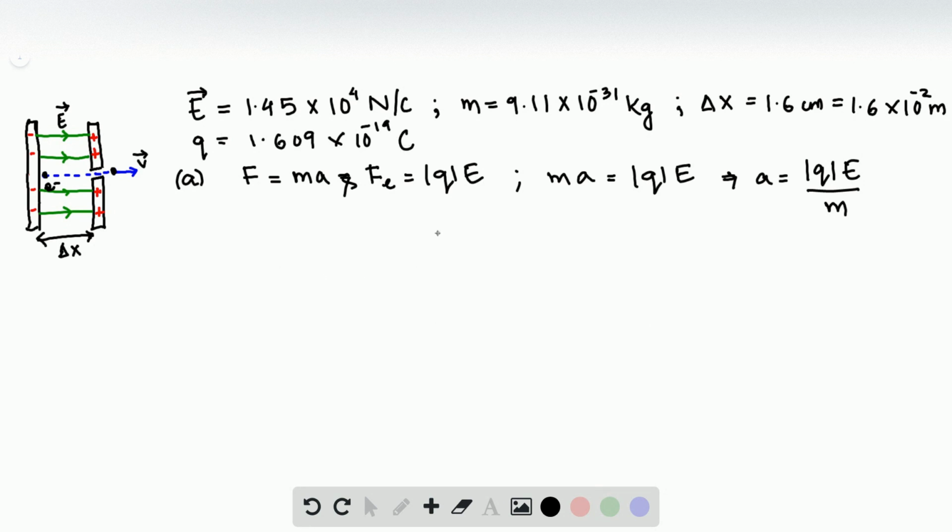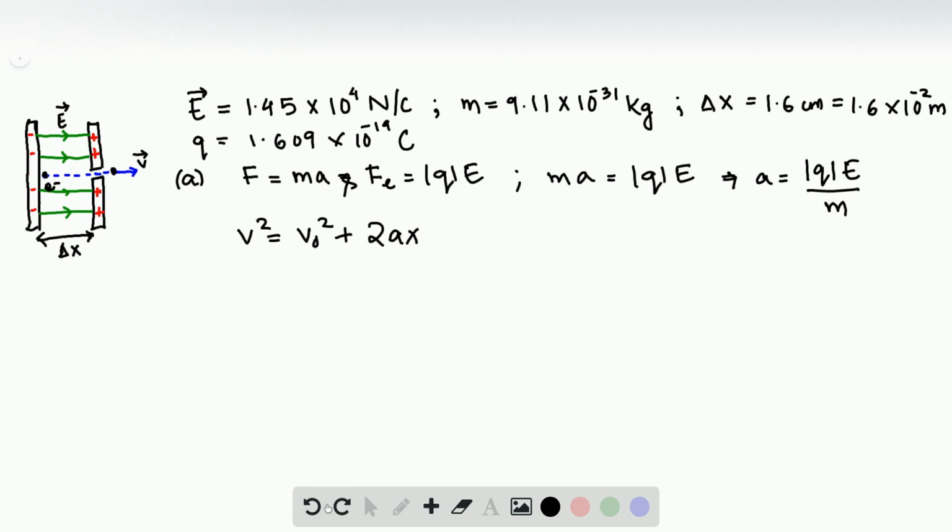Now, since the acceleration is constant over here, we can use the constant acceleration relationship in the kinematic equations to find the velocity. So this is the kinematic equation that establishes a relationship between the velocity, the distance, and acceleration.